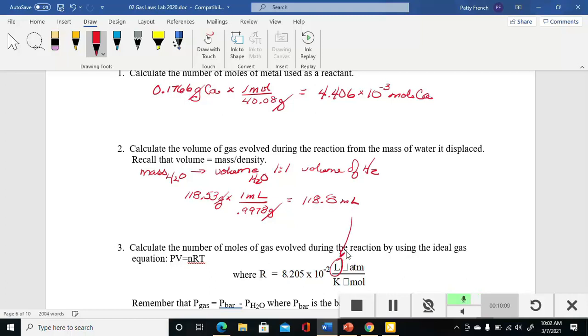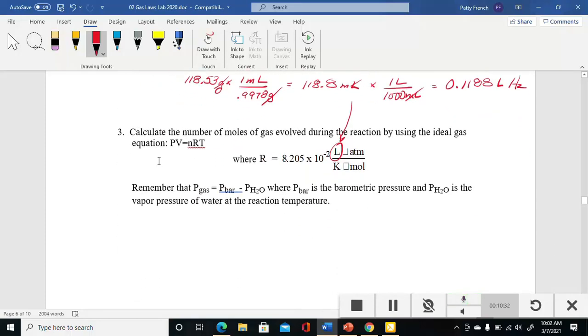Because we're going to plug it into the ideal gas law. So remember, we have 1,000 milliliters per liter, and we're going to find that this is 0.1188 liters of hydrogen gas.